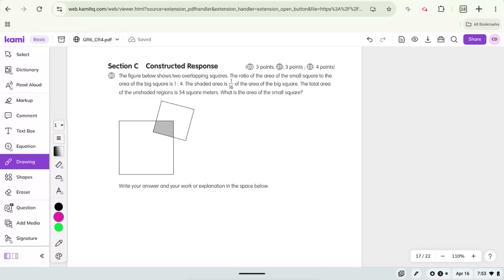Okay, so the first thing I notice is that I want to use this ratio to establish that the area of the big square is 4 times as much as the area of the little square. Now the area of the shaded region, I'm just going to call it SR, is going to be 1/16 the area of the big square.